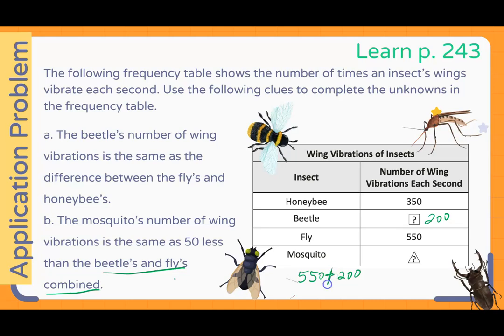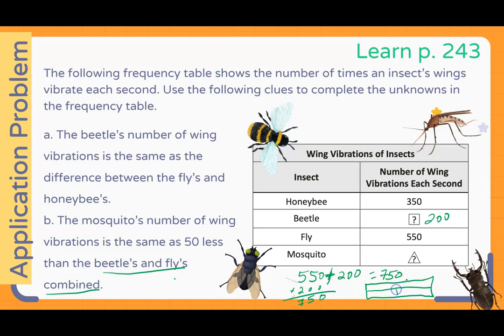Just write wherever you can, it's fine. That's going to be 750. Okay, 750. So we're doing our strip diagram.